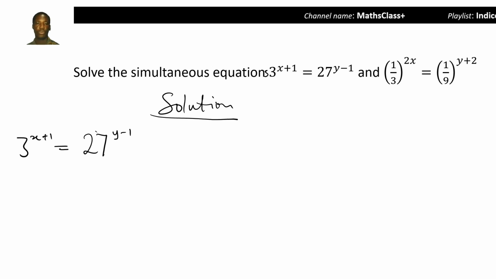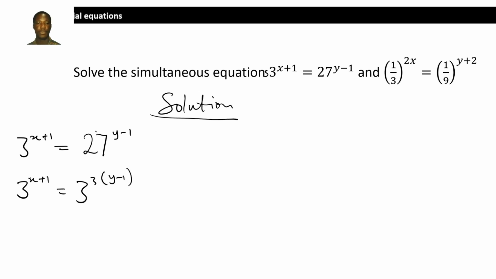So I'll rewrite 27 as 3 to the power something, and that will be 3 to the power 3. So 3 to the power x plus 1 will be equal to 3 to the power 3 multiplying y minus 1. So I equate the exponents and get x plus 1 is equal to 3 multiplying y minus 1.